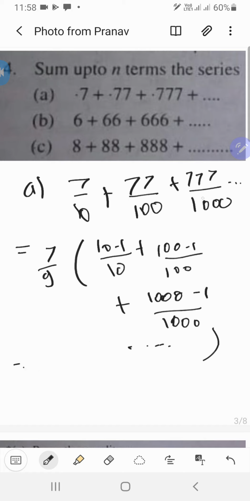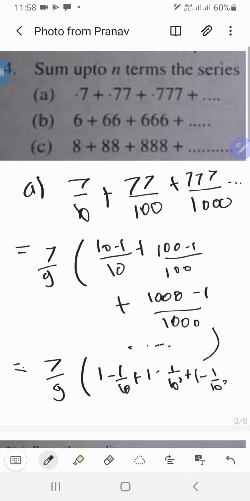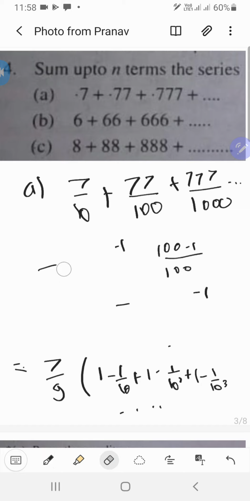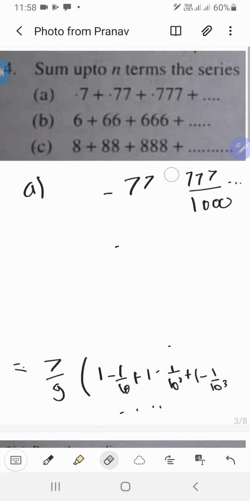So this goes on till n terms, and this also goes on till n terms. So this is 7 upon 9 into (1 minus 1 by 10) plus (1 minus 1 by 10 squared) plus (1 minus 1 by 10 cubed), and it goes like that till n terms.